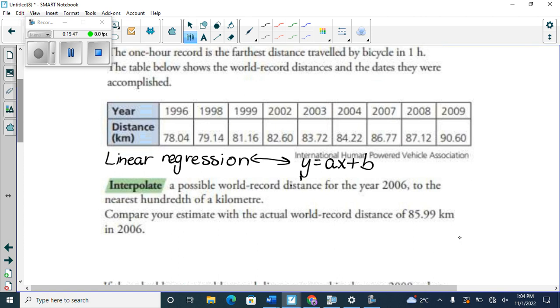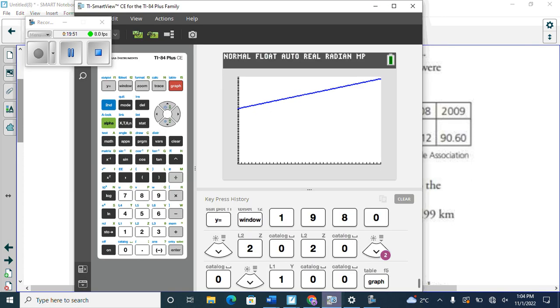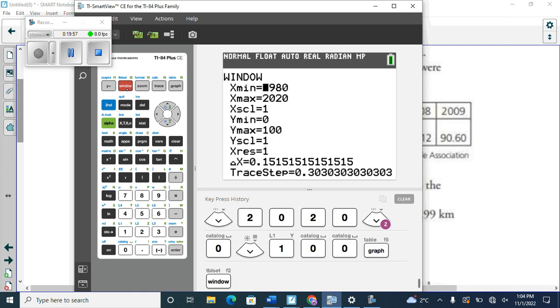Does everyone have it on their screen? And it looks like that? Okay. I'll help you in a second. So, yours doesn't look like that? Check your window. Is your window this? 1980, 2020, 0. Remember, if you put 60 or something here, it's going to be different. Is it the same?